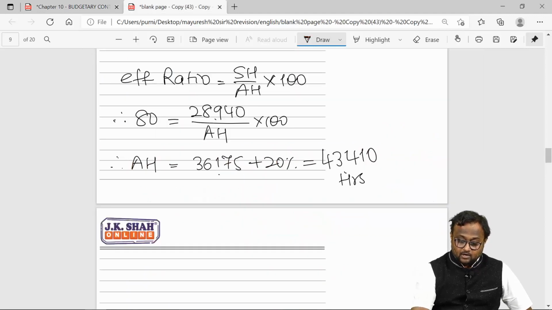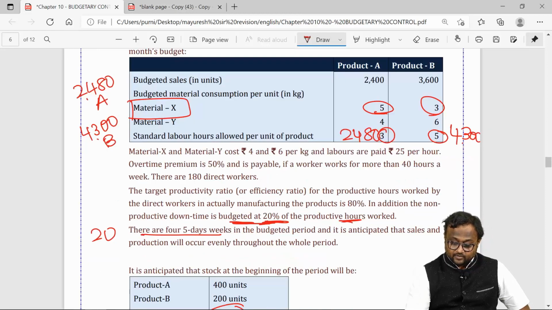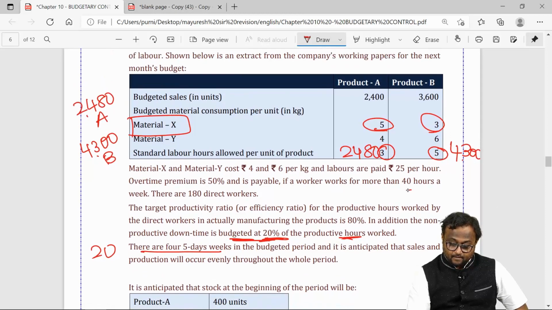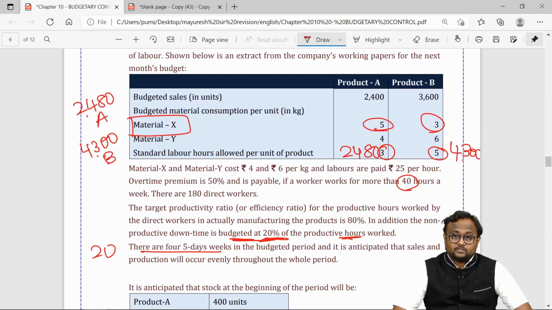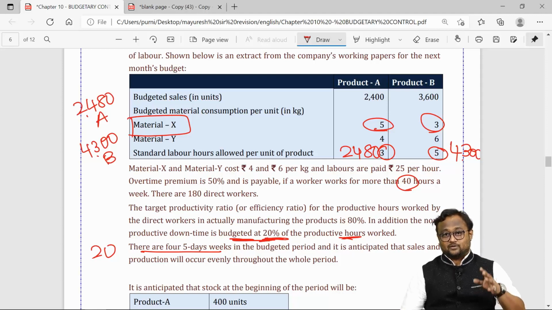Okay. Now, please understand one thing. Each worker can work for 40 hours in that factory. So for 4 weeks, 160 hours work can be done by one worker, because we are dealing with 4 weeks.